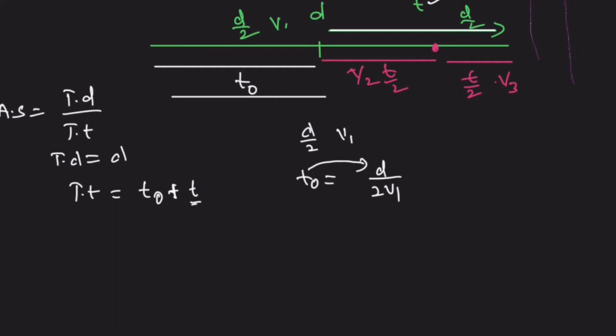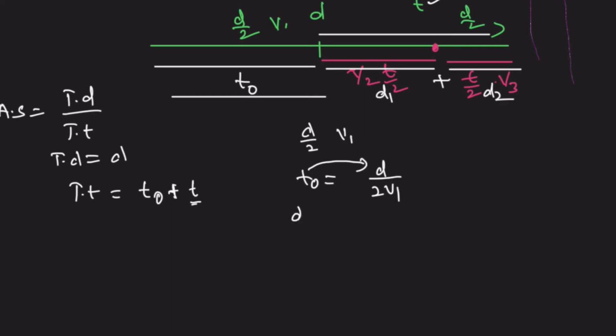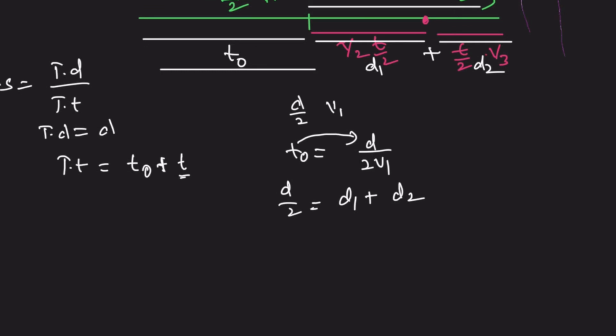What is the clue here? The remaining half distance is d by 2. This d by 2 is equivalent to this distance plus this distance. Suppose the first distance is d1, the second distance is d2. So d by 2 is equal to d1 plus d2. What is d1? The body covers a time t by 2 with speed v2.